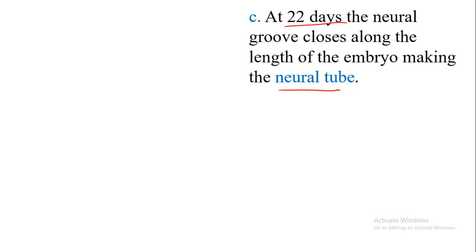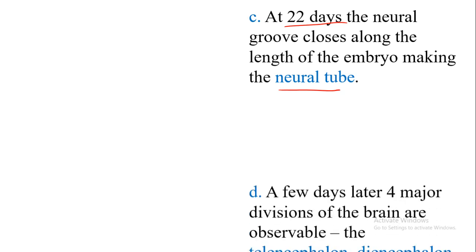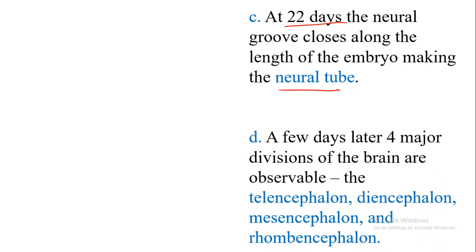Then, a few days later, something will appear to give us a signal that yes, now the brain and the spinal cord are about to be created. So by day 22, the neural tube has been formed.